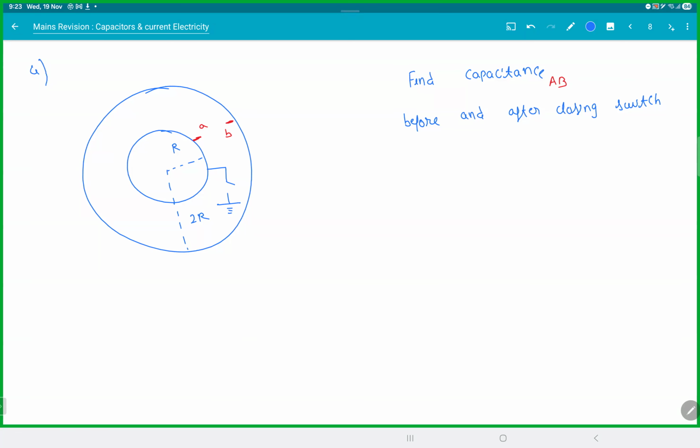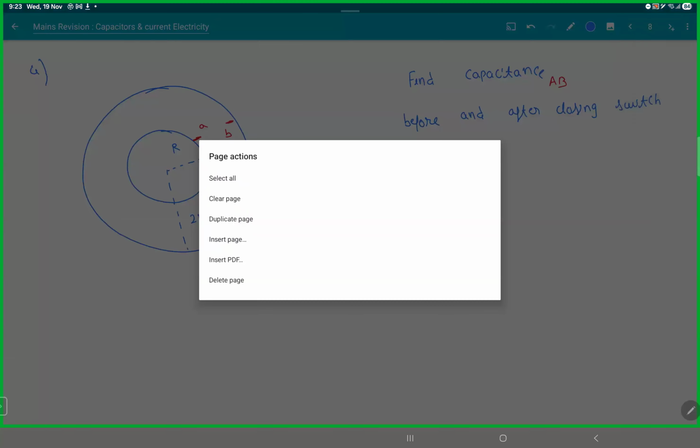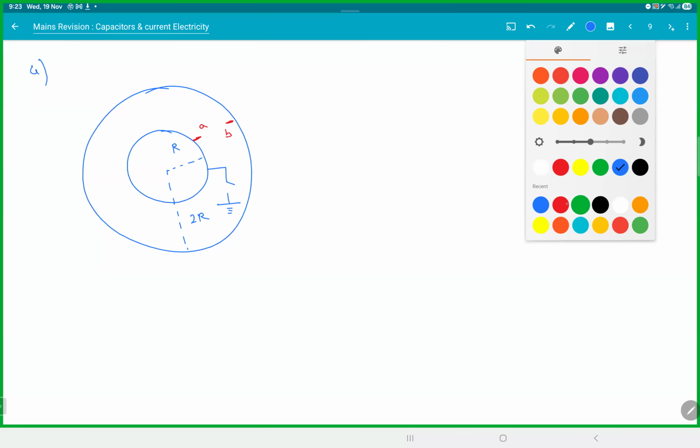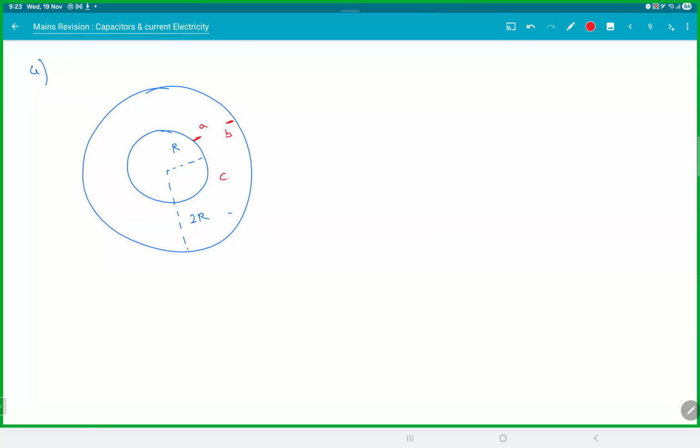What's the catch? How many capacitors are there? There are two capacitors. That's the first thing you need to realize. So there is one capacitor between the plates. This is C1. There is one capacitor C2 between the outer shell and infinity. The infinity is your third shell. Now when the switch is open, look at this.